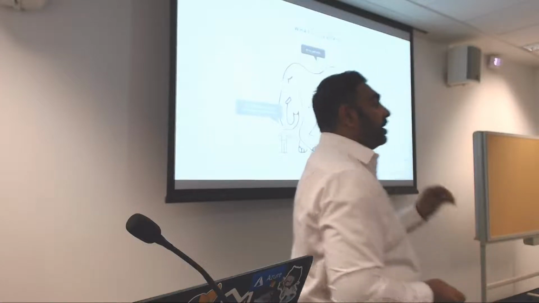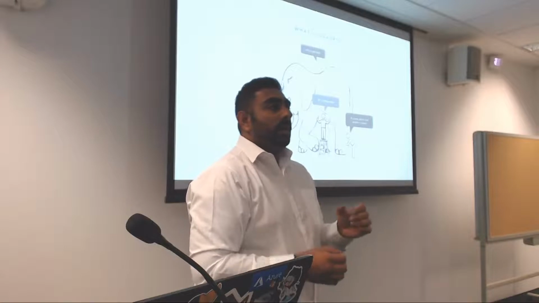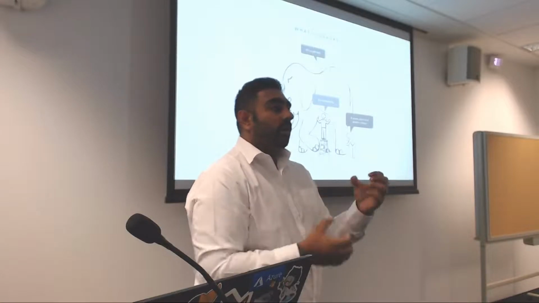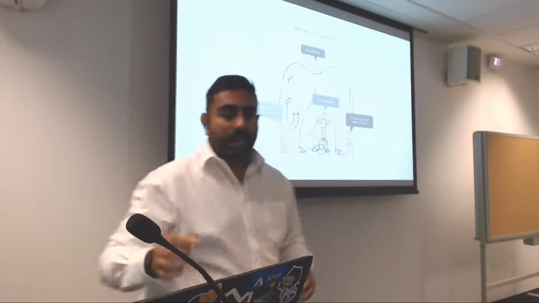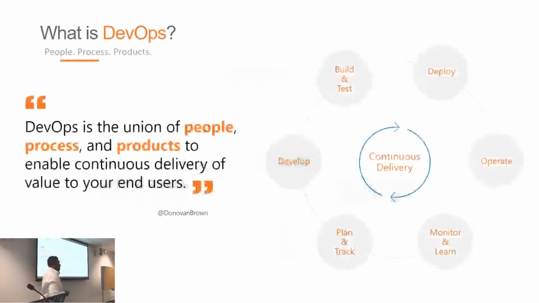So this is where the concept of DevOps comes into play. It's kind of like a union of, and this is very well explained in the next slide. So Donovan Brown, if you guys haven't heard of him, please go check YouTube. He's one of the DevOps advocates and one of the leaders.